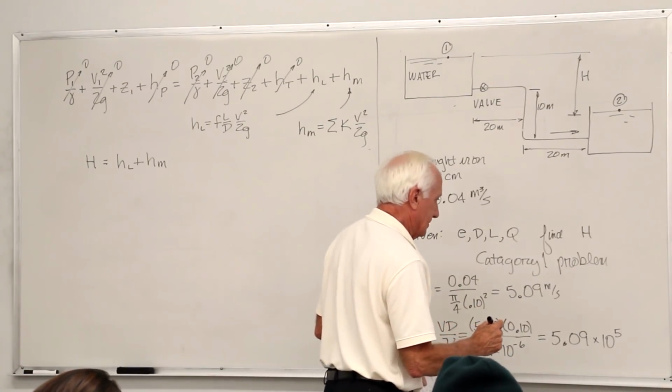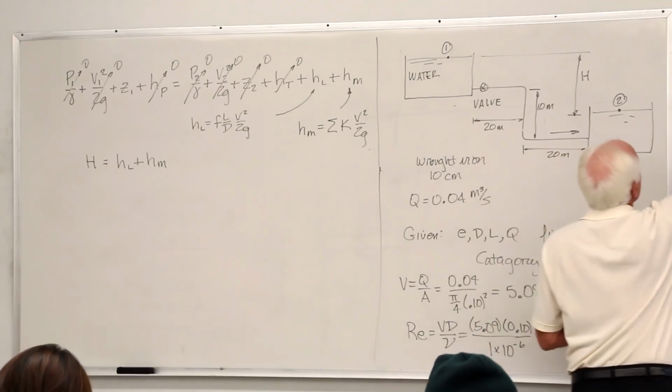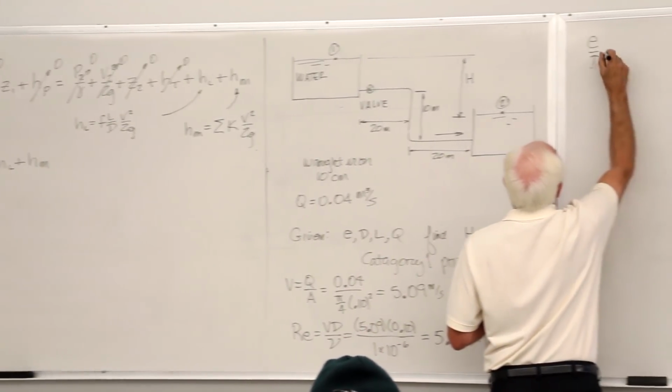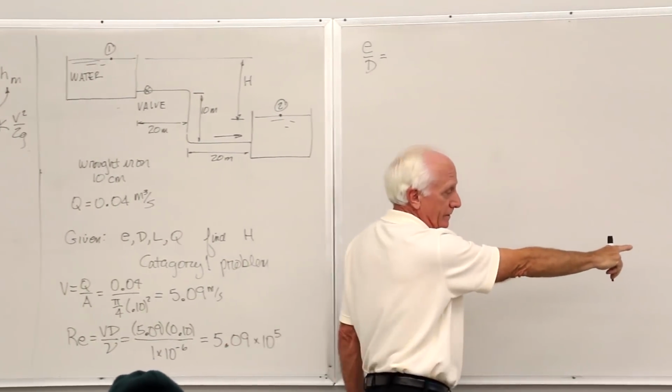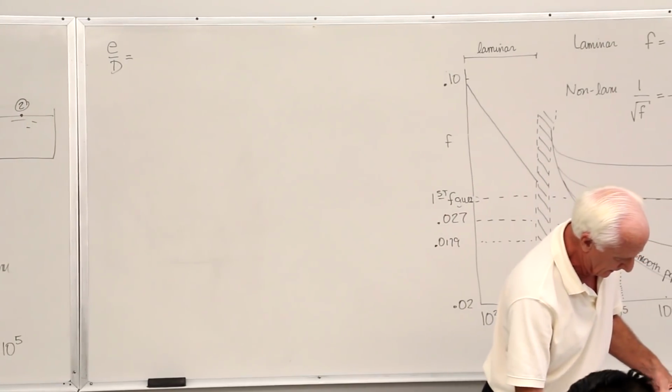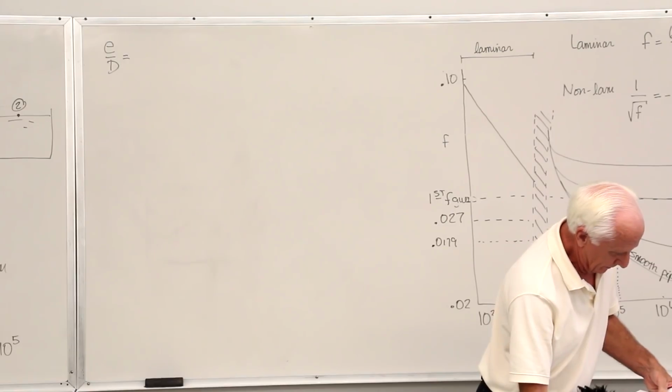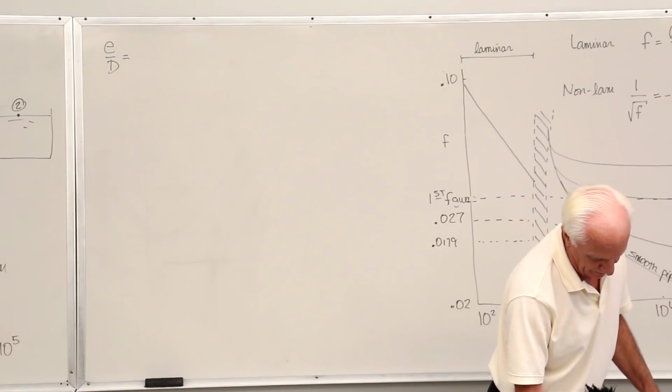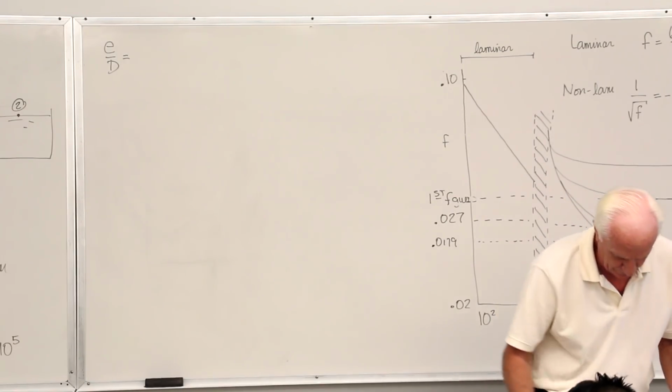Okay, I'll put E over D up here. Go to the little menu on the Moody chart and find galvanized wrought iron. There it is.